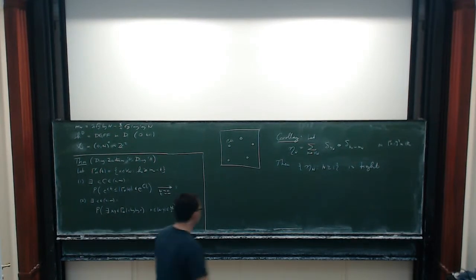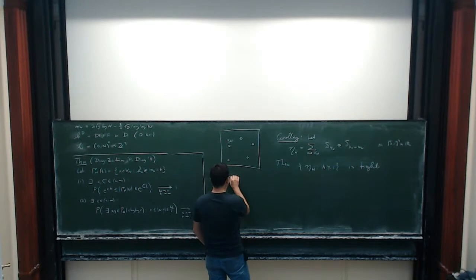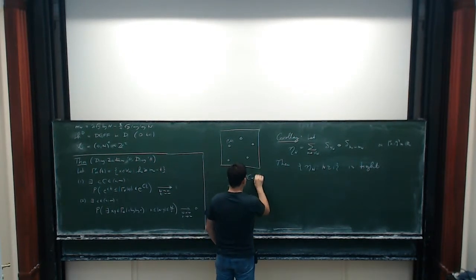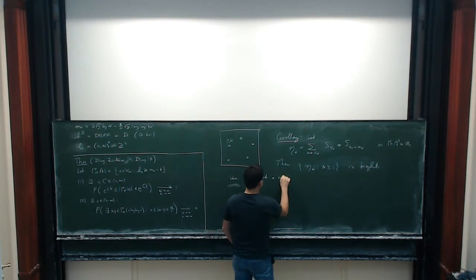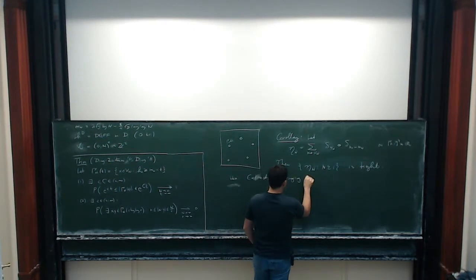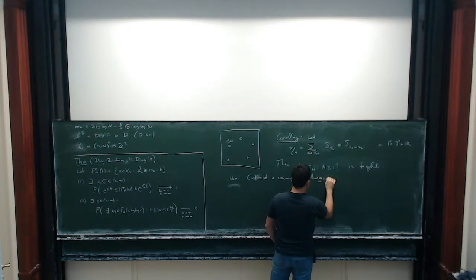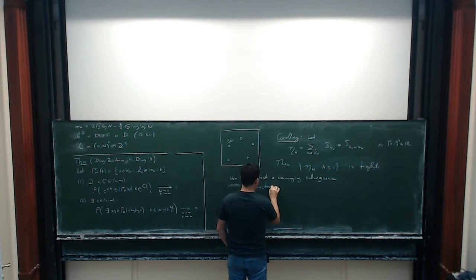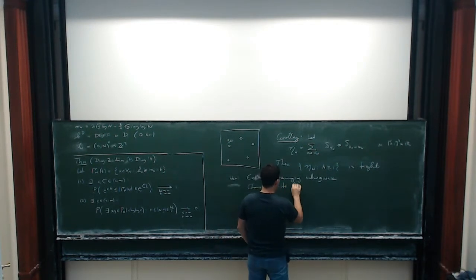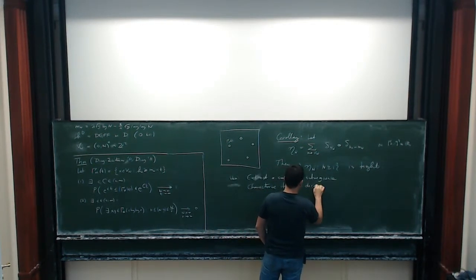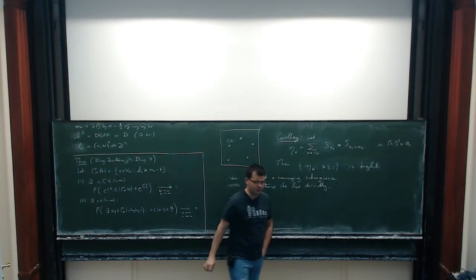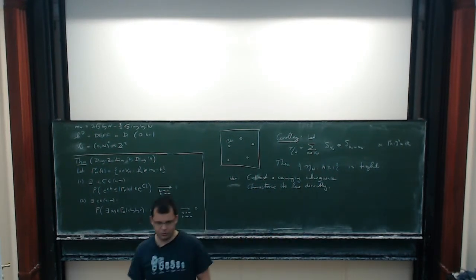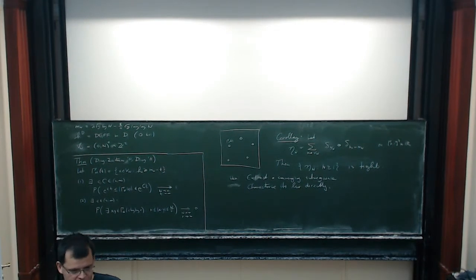Which means that the idea is to extract a converging subsequence and characterize its law directly. That's the idea that naturally springs to mind whenever we have tightness, and this is a program I'll execute for you.